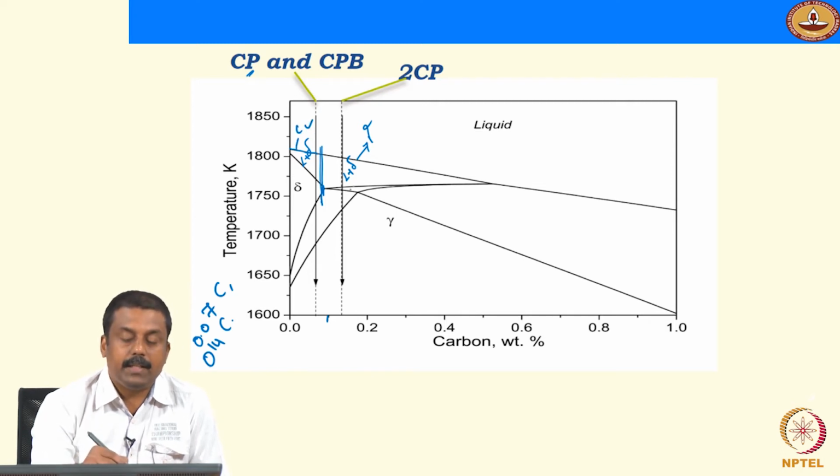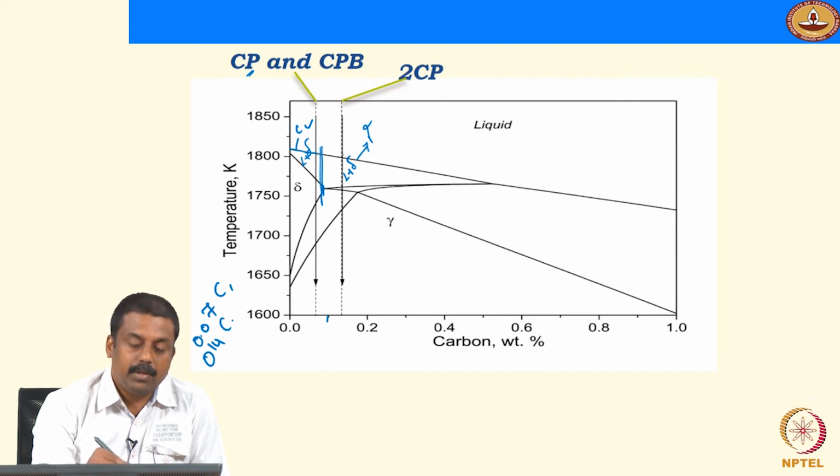Whereas if you have a peritectic reaction, the liquid solidifies into delta ferrite first, and then subsequently this mixture of liquid and delta ferrite will transform to austenite. Because of the higher solubility of carbon in austenite, the carbon segregation in the liquid can be decreased.